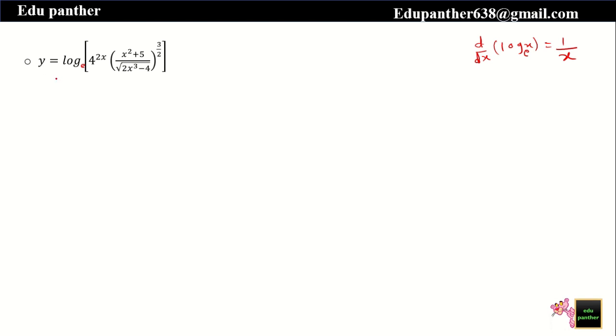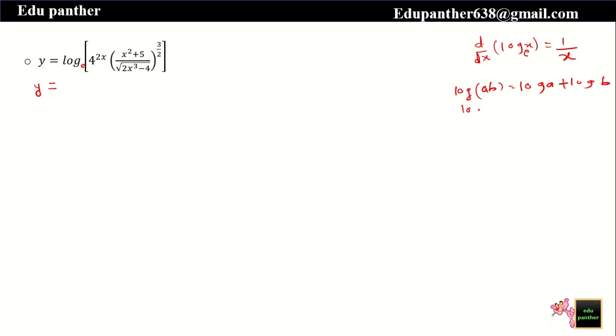Again here, since a log term is there, in the previous video we saw if a function has a log term, first we have to use the properties of log to simplify the expression before starting the process of differentiation. So what properties of log have we discussed? Log of a product, that means log of a into b, is log of a plus log of b.